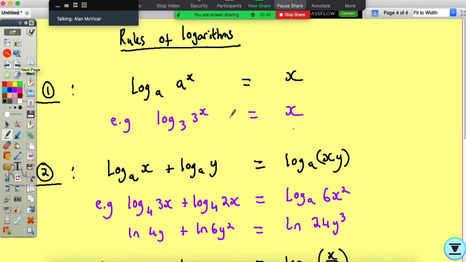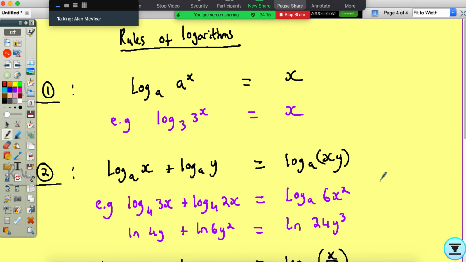And that is if you take the log of an exponential, you just get the power. So here, if I start with 3 to the power of x, and I wanted to get x, I would take log to the base 3 of it.